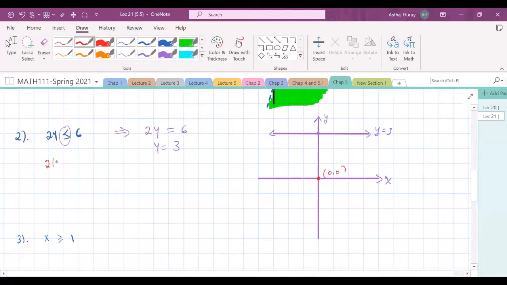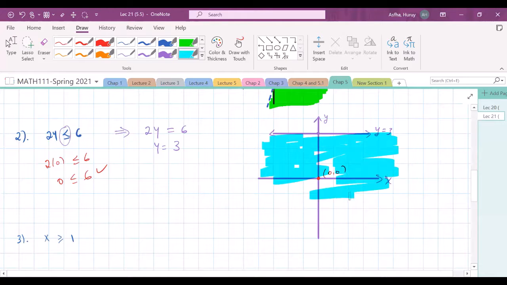Therefore, 2 times 0 is less than or equal to 6, so 0 is less than or equal to 6, which is true. Therefore, the solution is this lower side. So we shade this area, and this is the solution to the inequality.